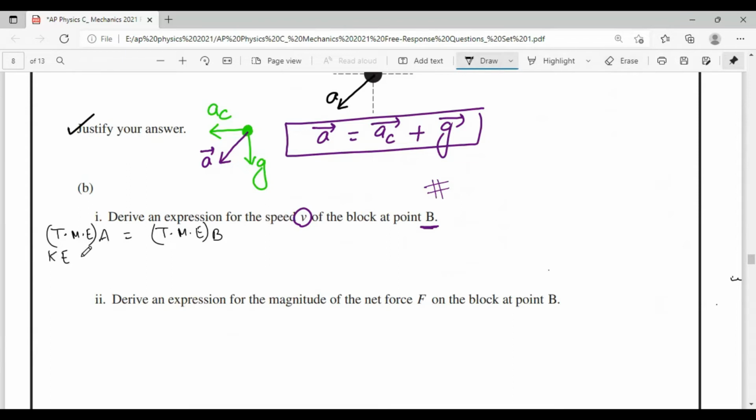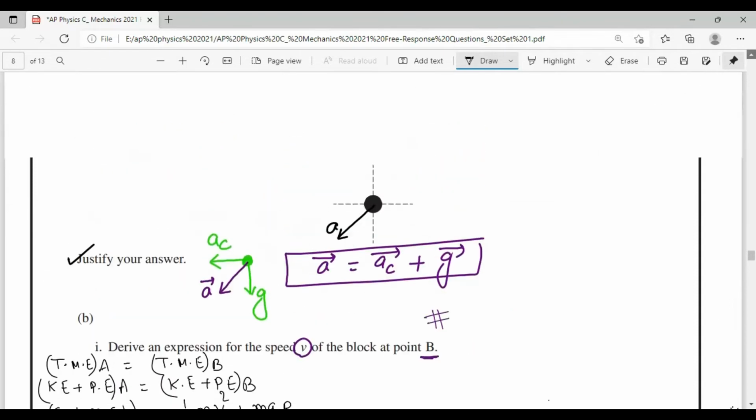Let us suppose this is the kinetic energy plus potential energy at point A, which will be equal to the kinetic energy plus potential energy at point B. So kinetic energy will be zero, and potential energy will be mgh at point A. That should be equal to the kinetic energy at point B. We don't know its velocity, so it is half mv squared, plus the potential energy, which will be mg times its height, that is r.